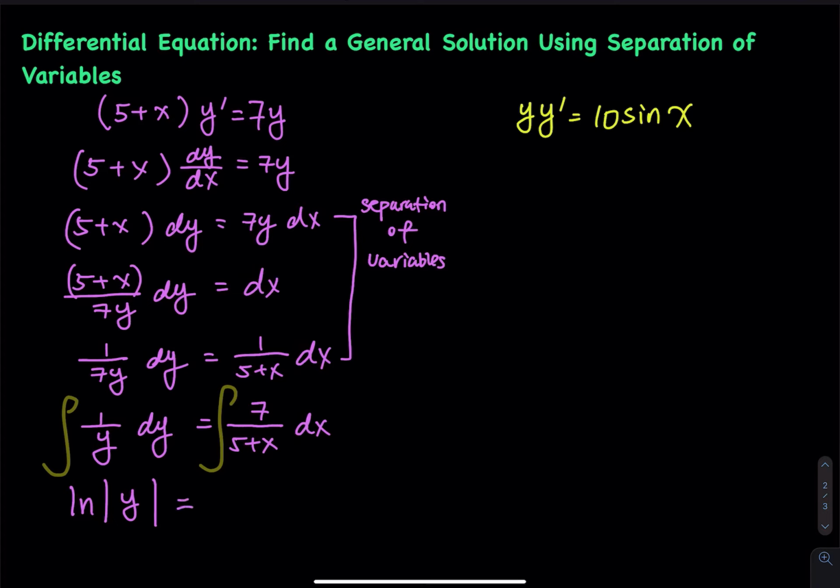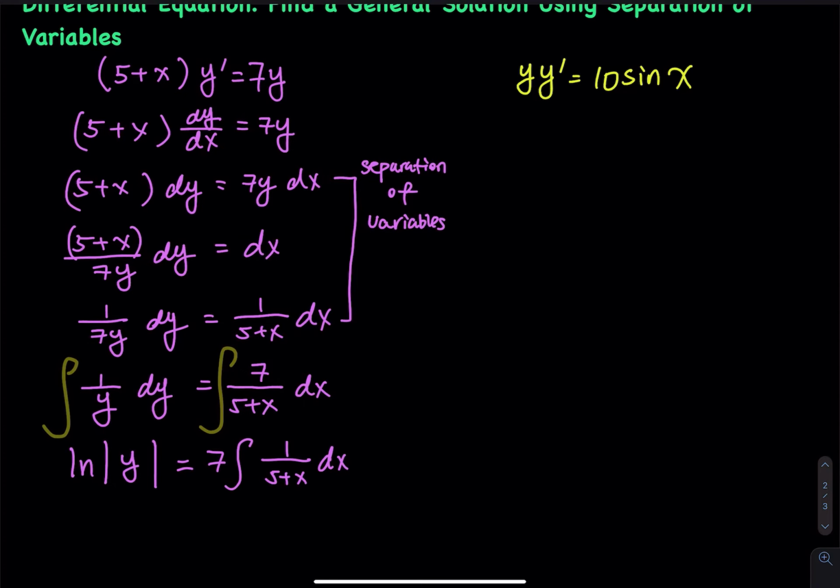And then what about the other side? The other side you can take as 7 times the integral of 1/(5 + x) dx. You can try a u substitution if you want to, but at this point I assume that you can integrate without using a u substitution, because this is a very simple u substitution.